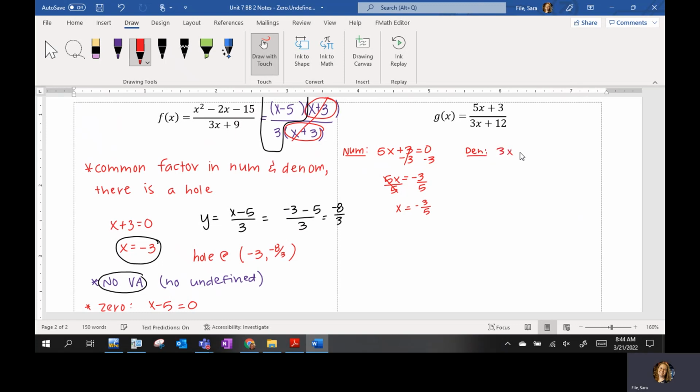Okay, the denominator equal to 0. I'd have to subtract the 12. Divide by the 3. And get negative 4. Now those aren't the same, are they? So there's no indeterminate. So no holes.